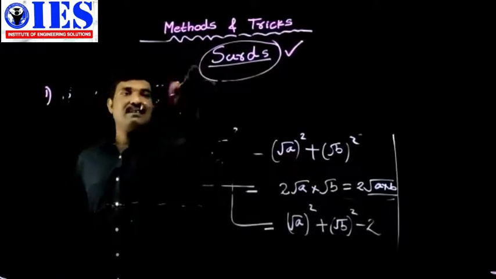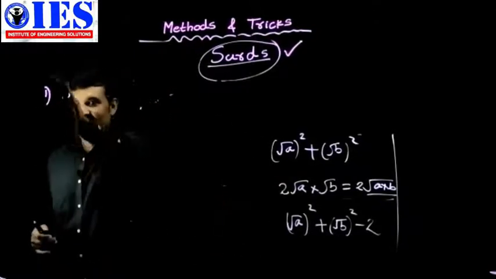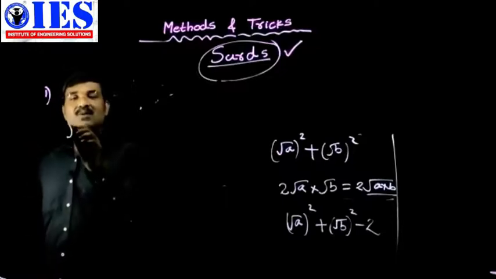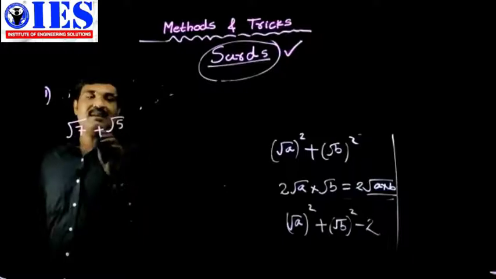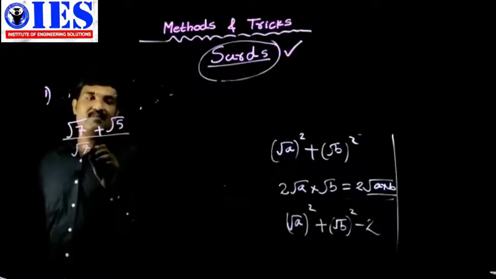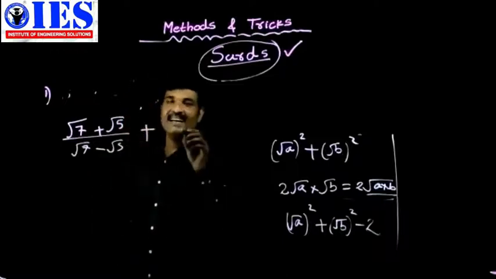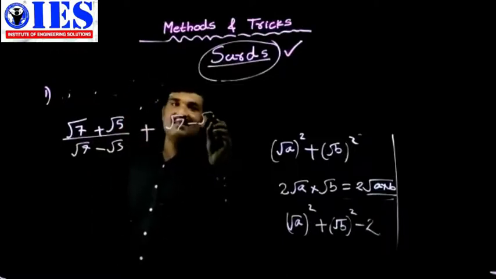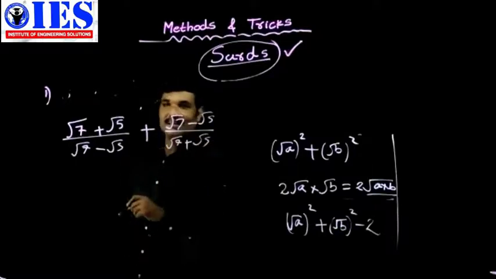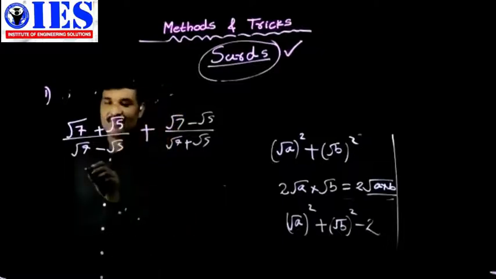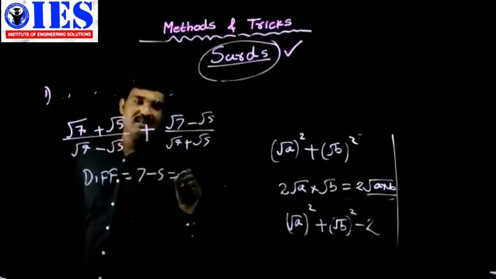Suppose my question is square root of 7 plus square root of 5 divided by square root of 7 minus square root of 5, with this operation being addition, and square root of 7 minus square root of 5 all divided by square root of 7 plus square root of 5. Now what's the difference here? The difference is 7 minus 5, that is equal to 2.